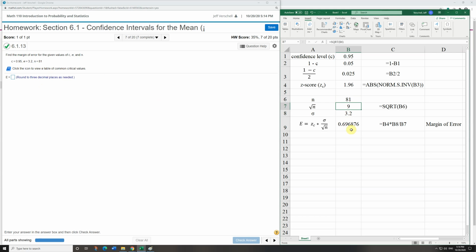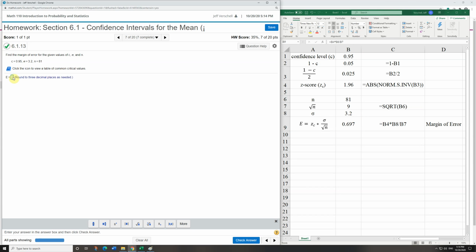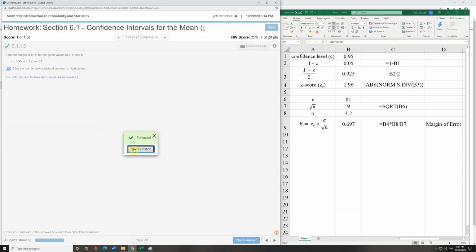It says I want 3 decimal places, so if I want, I can come up here and decrease the decimal. Where's my decimal decrease? Right there. I want it to 3 places. It looks like 0.697. Lo and behold, we are done. And you have now set up your Excel sheet to cover these types of problems.